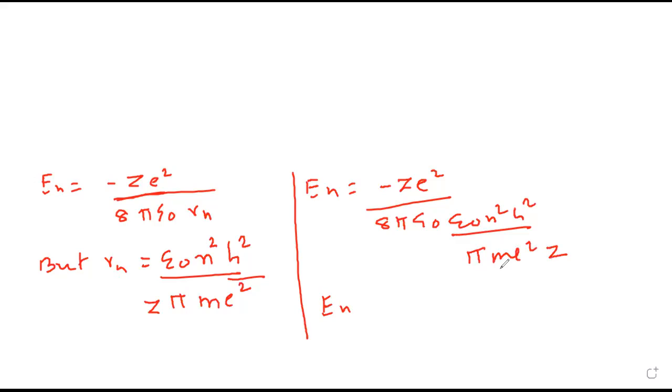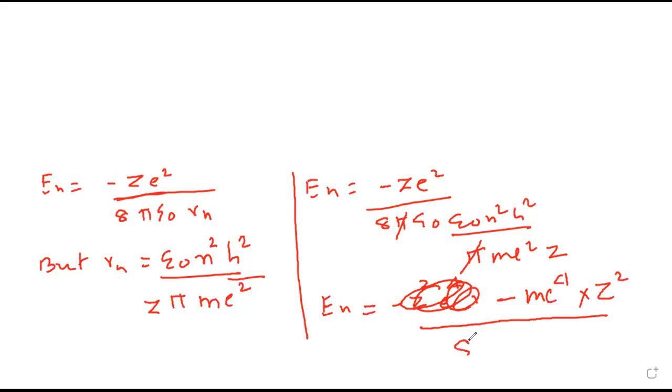Now if I take this in the numerator, then we'll get minus m e raised to 4 into z square upon 8 epsilon naught square n square h square.